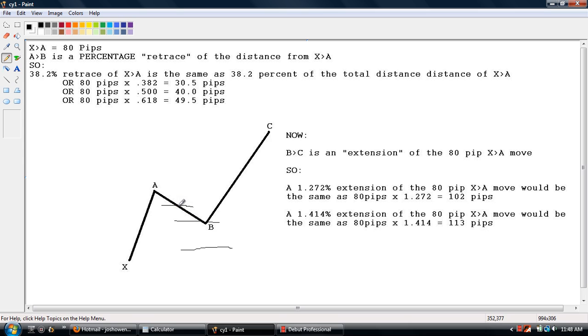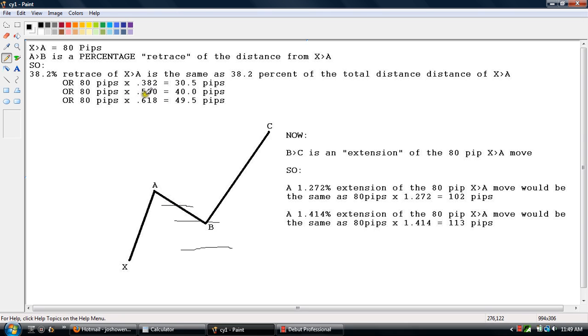So a 38.2 retrace of X to A is the same thing as 38.2% of this total distance here from X to A. So if this is 80 pips and you did a calculator, 80 pips times 0.382 on the calculator is 30.5 pips. So if it's a 38.2 retrace based on an 80 pip impulse leg, price is going to retrace 30 pips before continuing.